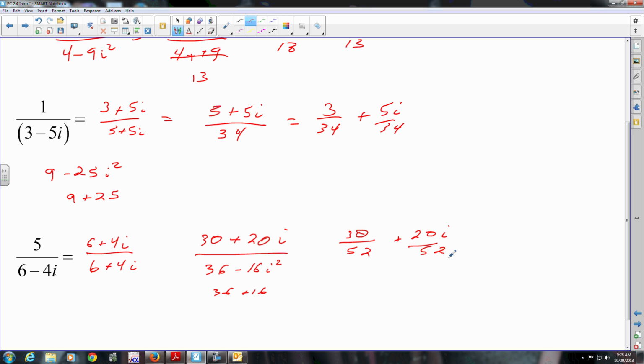You've got to reduce stuff. So I believe there's a 2 that's in common here, so that would be 15 over 26 plus 10i over 26.